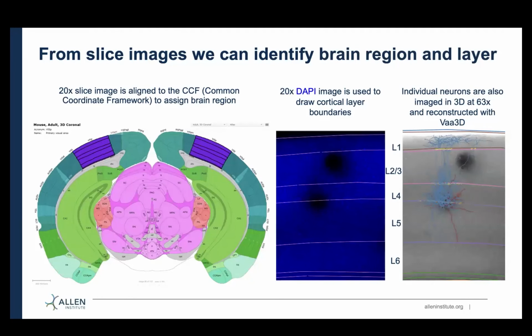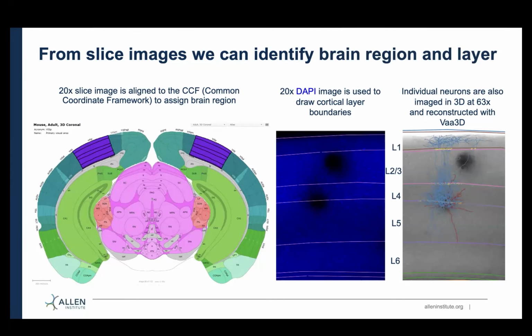that slice overview image is also really important for our pipeline. We use it both to assign brain region and to get some quantitative information about layers. The way that we get brain region is that we align the 20x slice to our CCF, or Common Coordinate Framework.